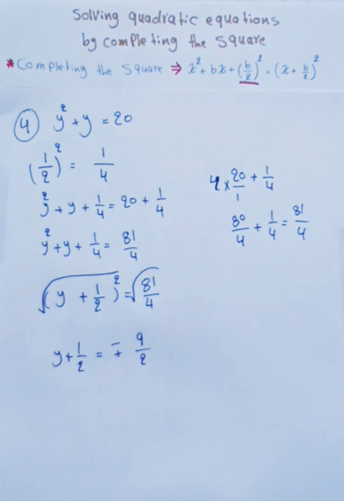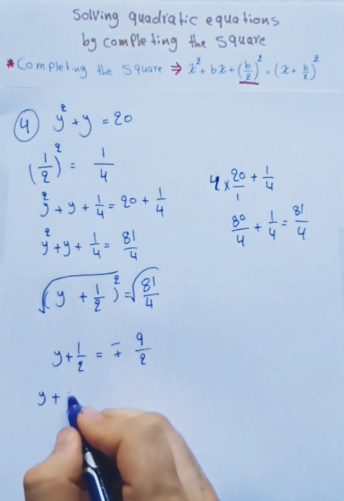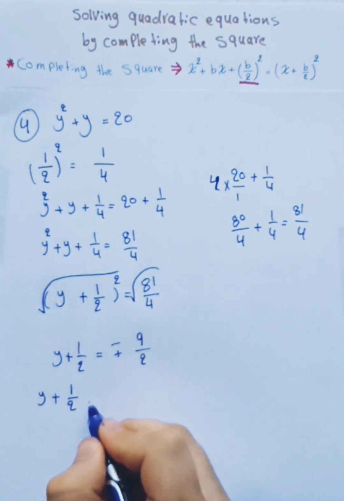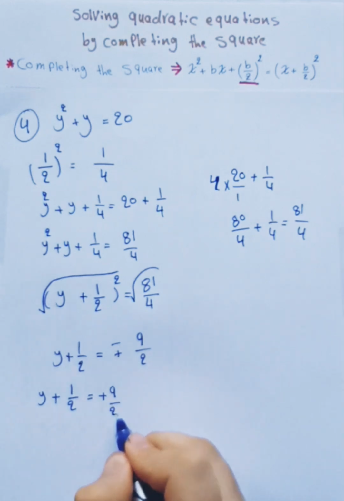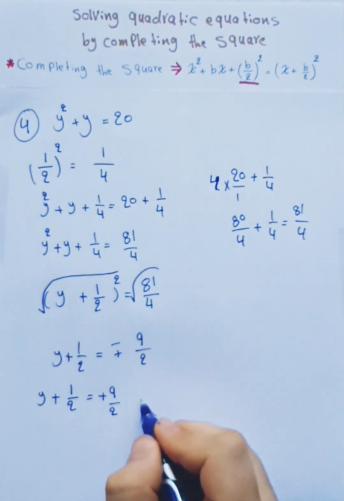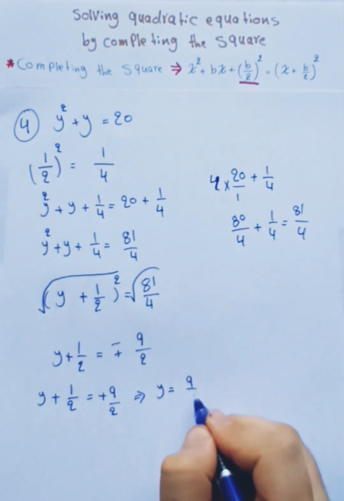After that we have to write two equations and solve them. Y plus 1 out of 2 equal to positive 9 out of 2, and then you have to solve it. Y equal to 9 out of 2.